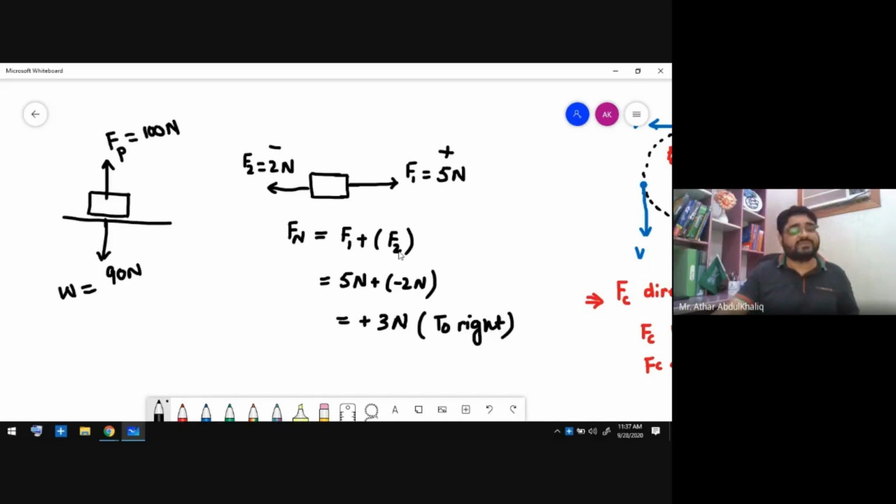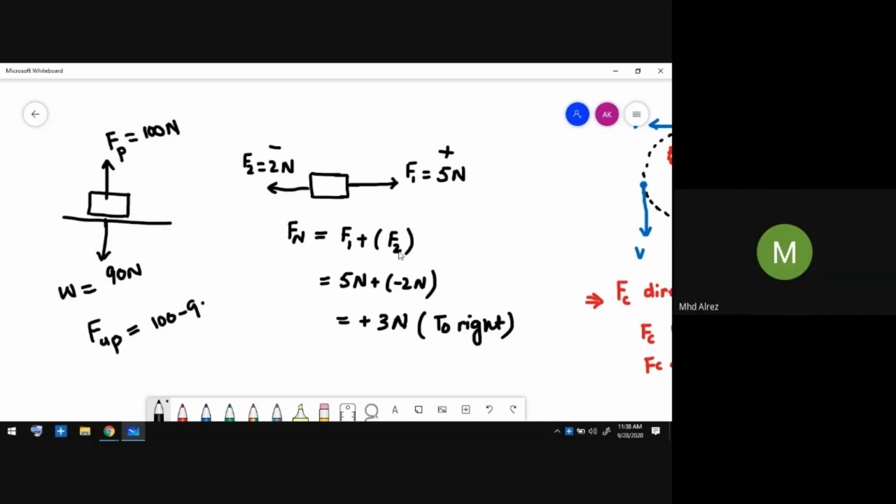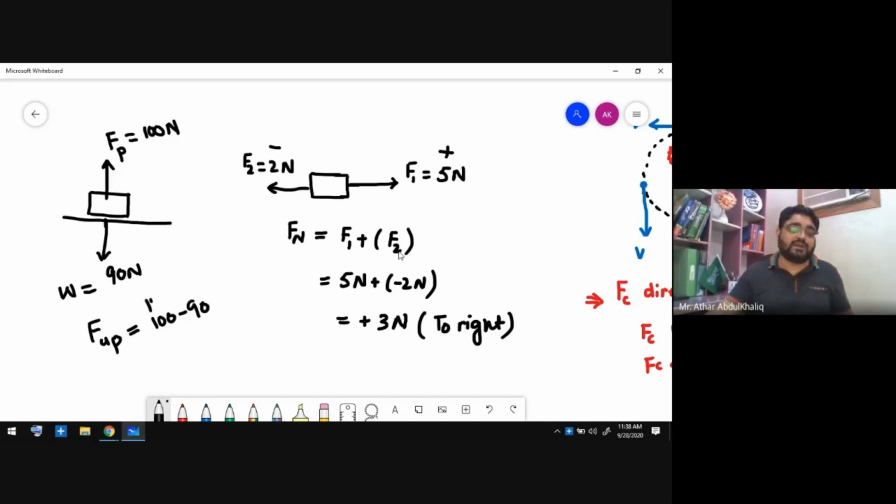So how much will be the net force? Net upward force will be 100 minus 90, or you can say 100 plus negative 90, both the same thing. So it will be 10 Newton upward.